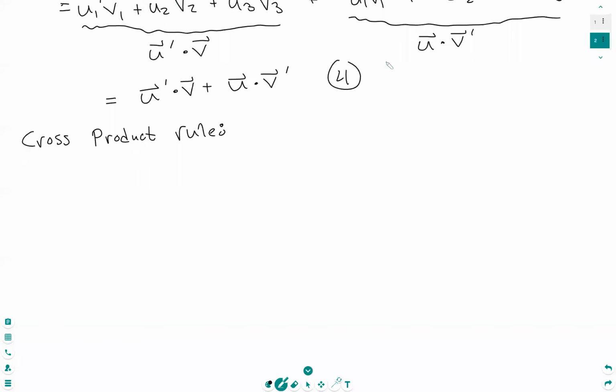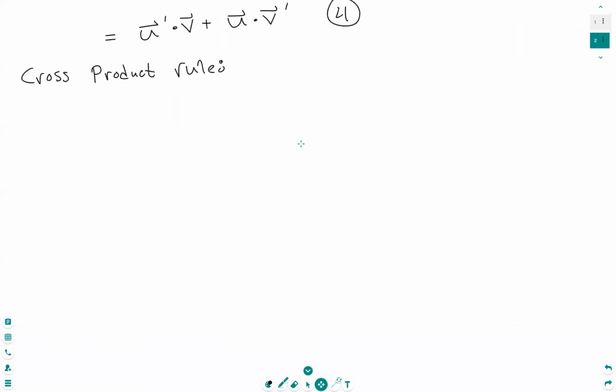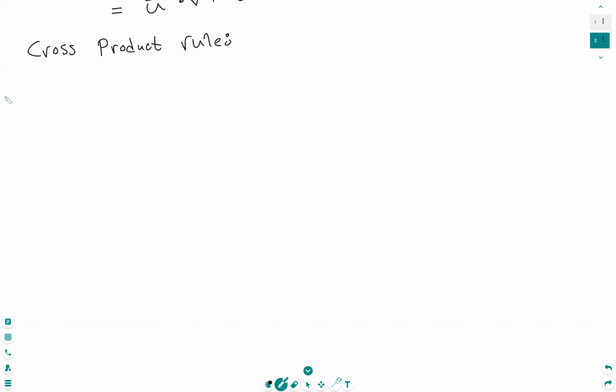Okay, so let's jump into this cross product rule. For this, we're actually going to use the limit definition. So we have d dt of u crossed with v.